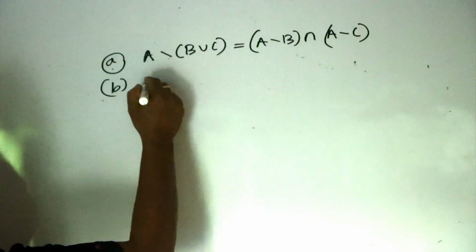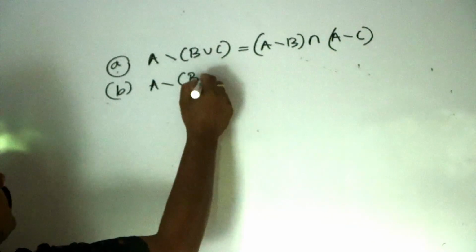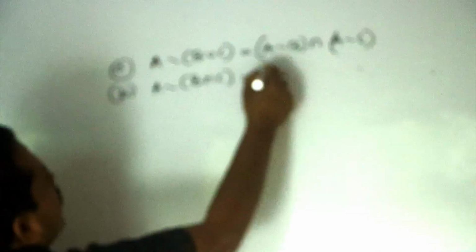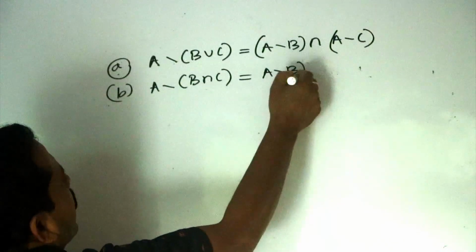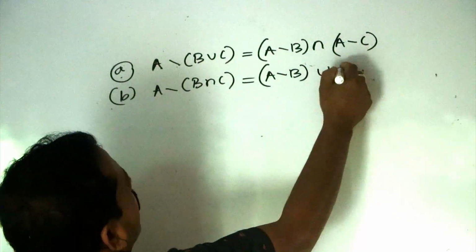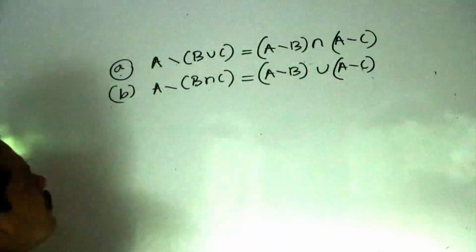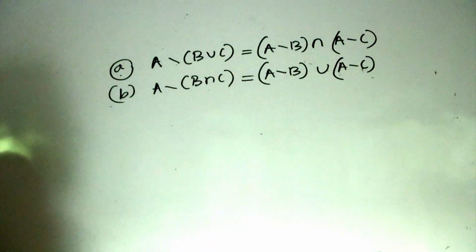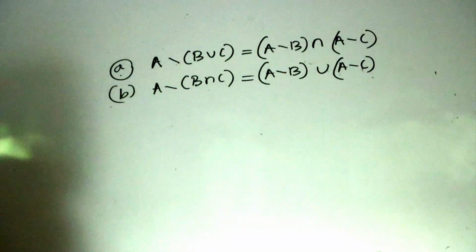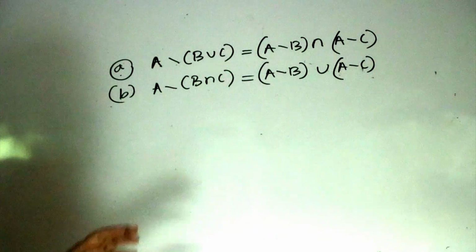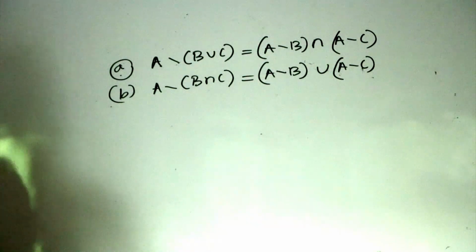Second bit, A difference B intersection C equals A difference B union A difference C. We have to prove these two results. This is also called De Morgan's law. Another form of De Morgan's law.